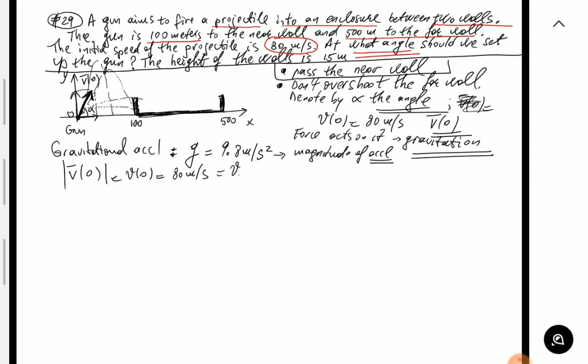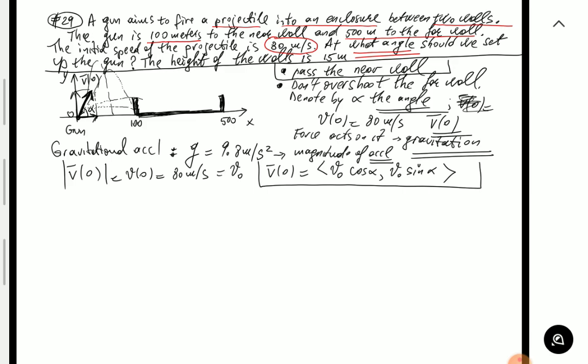Let's actually call this initial velocity v naught so that it's easier to handle. By components, as a vector, v of 0 is going to be v naught cosine of alpha, v naught sine of alpha. Right? Because the x coordinate is the adjacent side to alpha, so that's going to be hypotenuse times cosine of alpha.